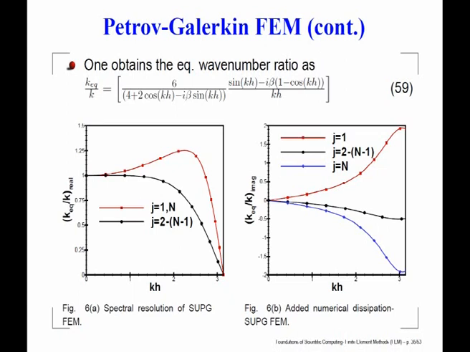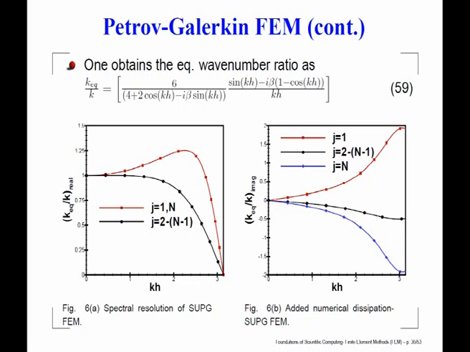Previously, you saw that this function was purely real, but because now we have resorted to upwinding, it will become a complex quantity, and that is what you are seeing: sin kh minus I beta times 1 minus cos h.